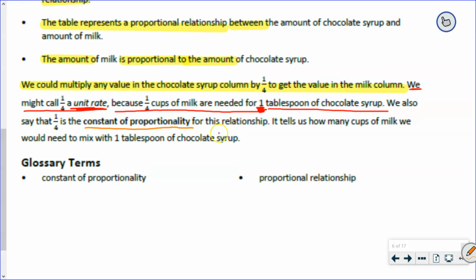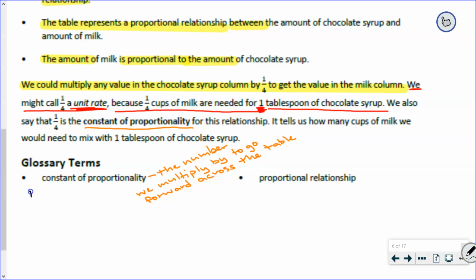The constant of proportionality, please write this down. It is the number we multiply by to go forward across the table. We can call it the constant of proportionality.